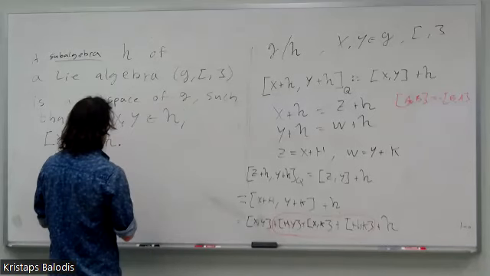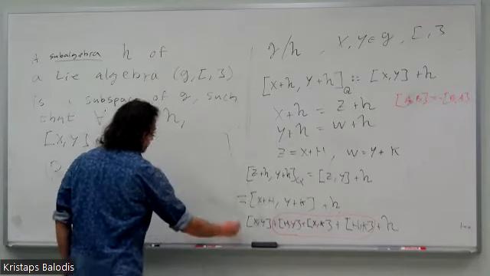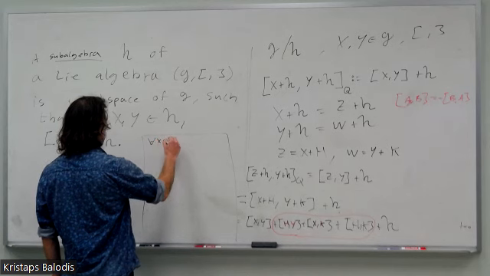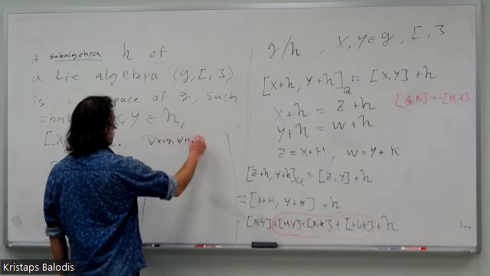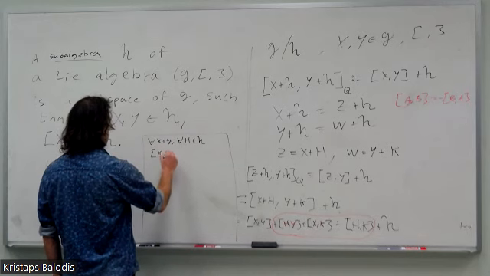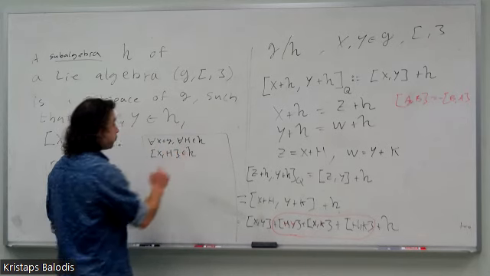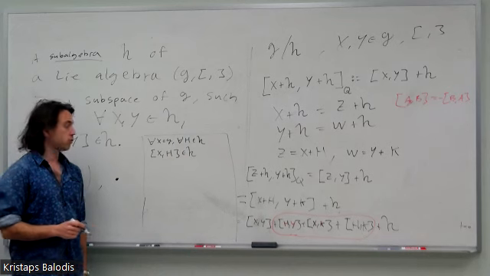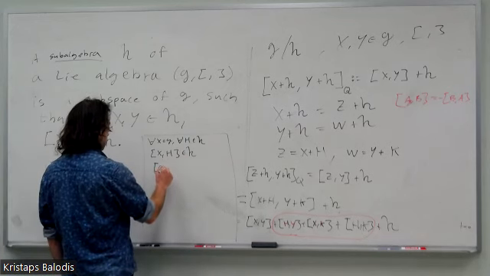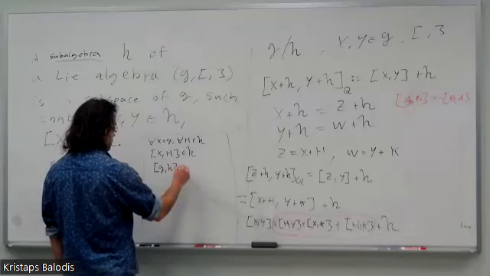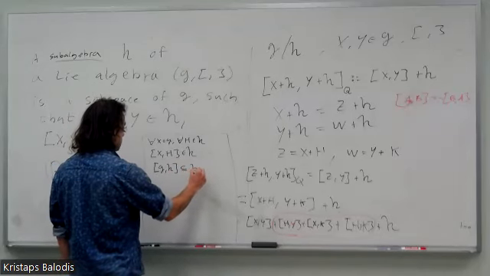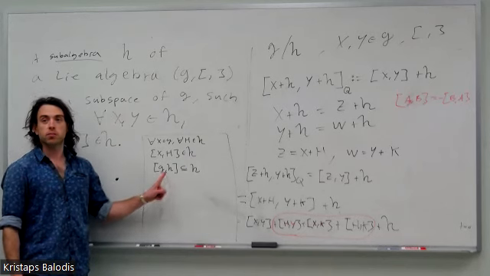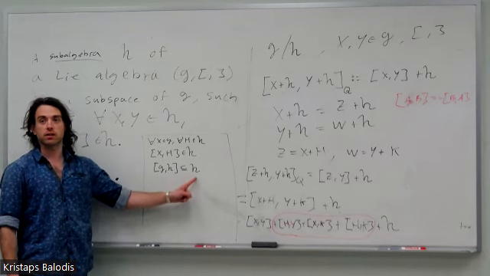So the condition for a thing to be a quotient is that for all X in G, for all H in H, XH is back in H. This is very similar to the condition of an ideal for rings. And we might sometimes write it as a shorthand, as an abusive notation, writing the actual algebras here: pick anything from this algebra, pick anything from this algebra, take the bracket, and it lands in this.